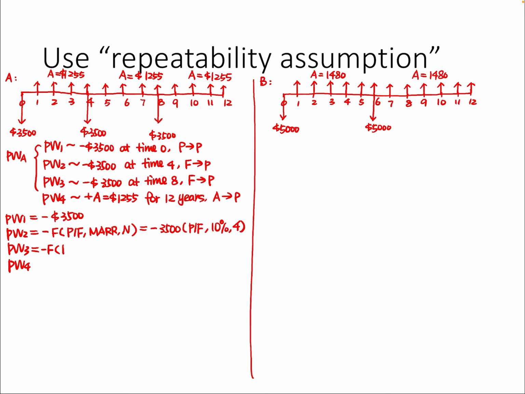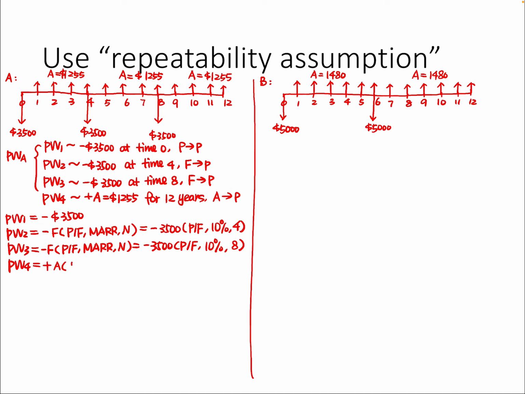PW3, still it's a future value converted to present worth, so the formula is the same. But the difference is the time, how many years you want to consider is different. It's from the end of the 8th year. So the value of N is gonna be 8.